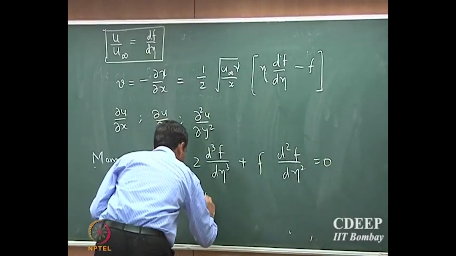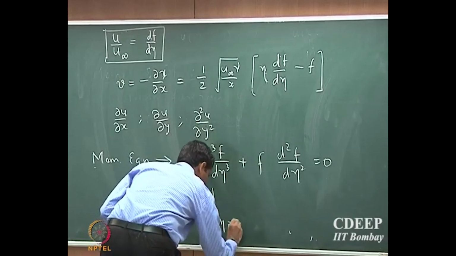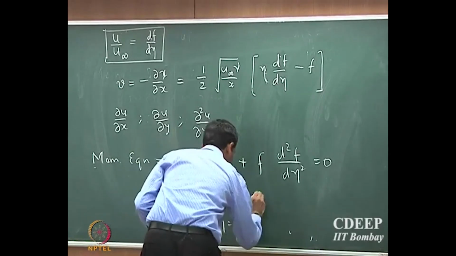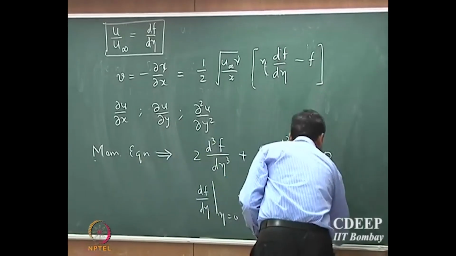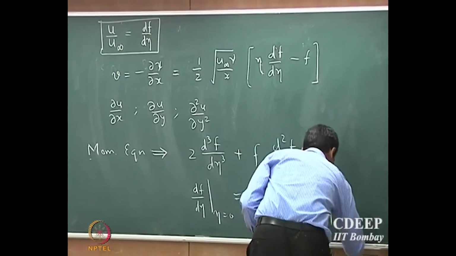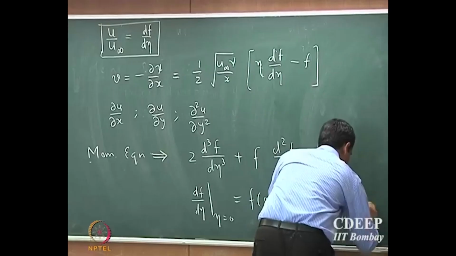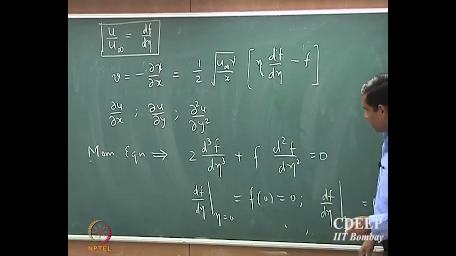and f equal to 0, and df by d eta equal to 0, that is f of 0, and df by d eta equal to 1. So that is the boundary condition.